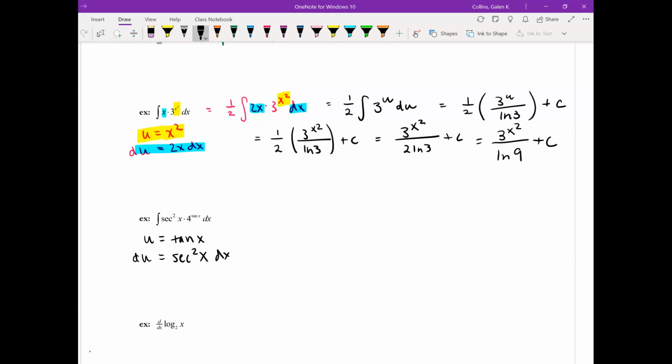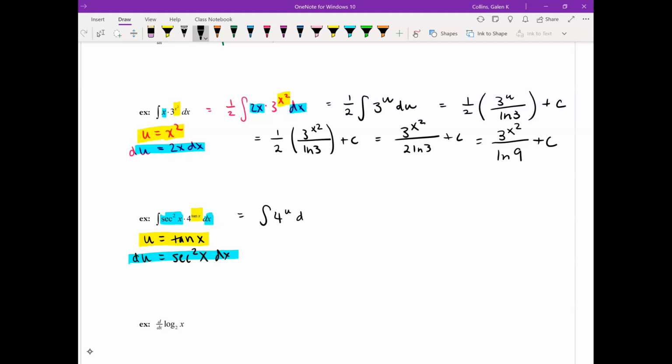So if we complete this u substitution, all of this is our u, and then all of this is our du. So we're really just left with 4 to the power of u du when we rewrite this.